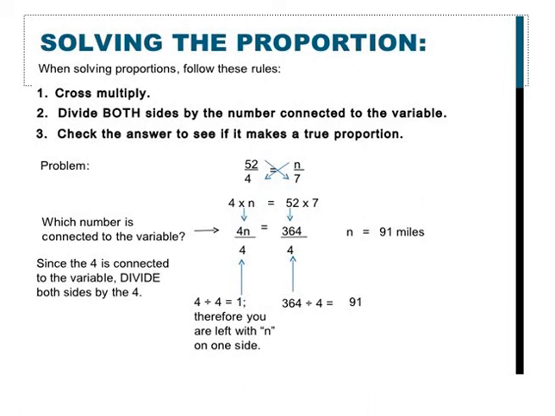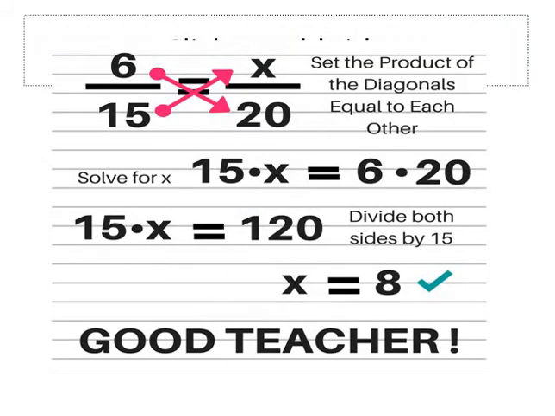How can we check? We can substitute 91 instead of n and see if my solution is reasonable and correct. Again, this is another problem before we go to the book problems.